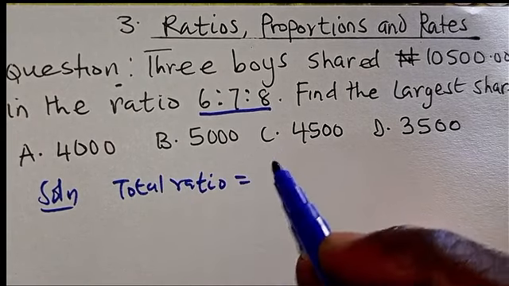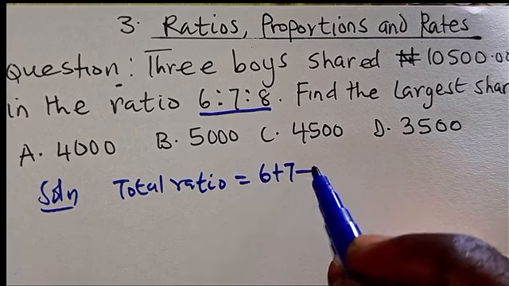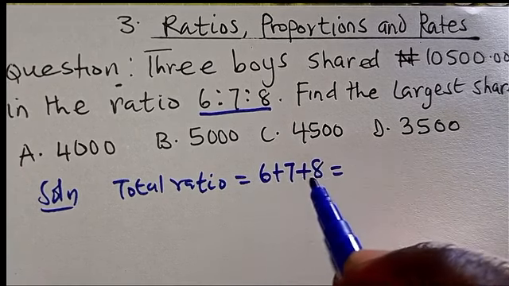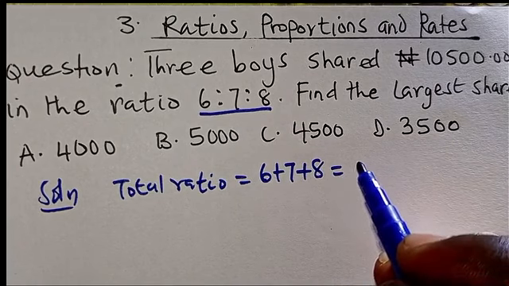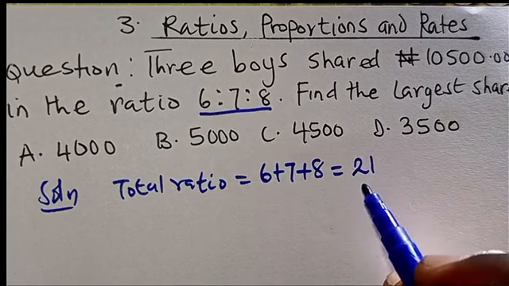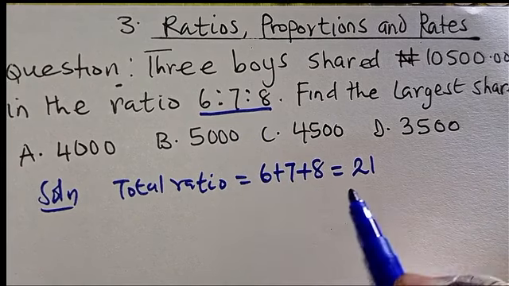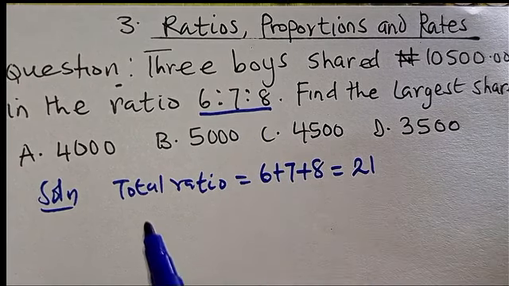We are going to add all of this together, 6 plus 7 plus 8. When you add this together, you get 21. So the total ratio is 21.